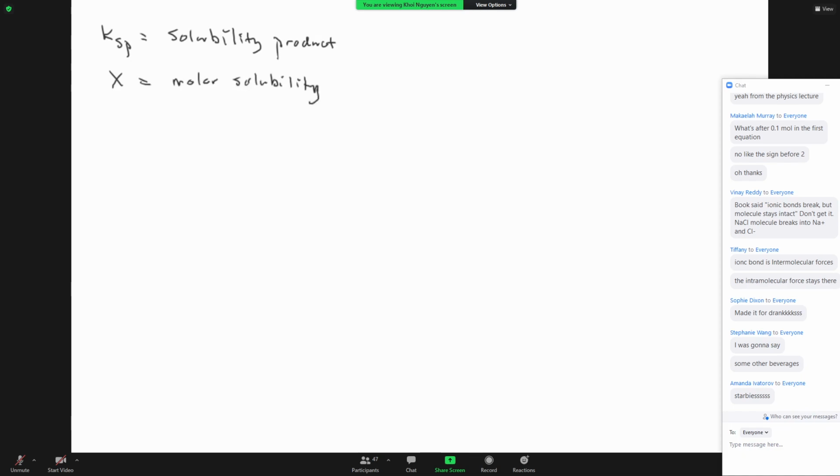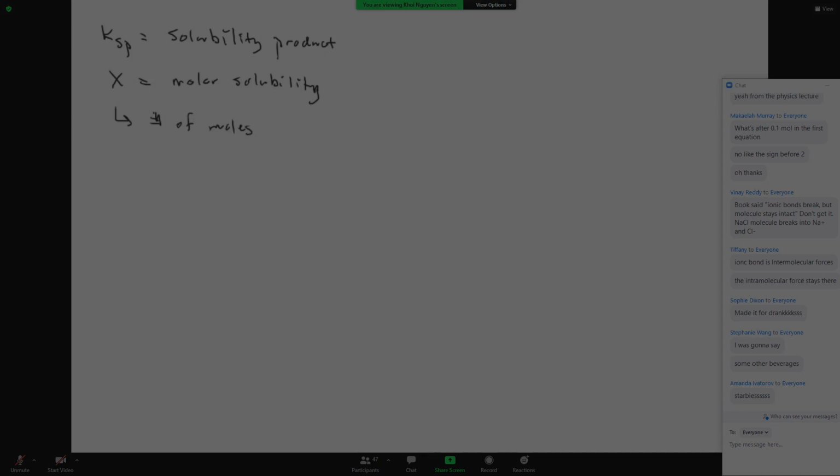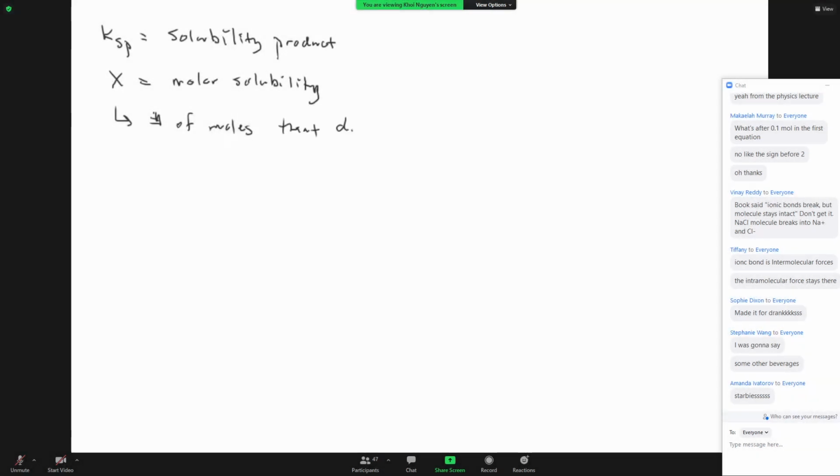So how do we determine it? Well, we have to take a look at how many molecules that we're going to break down into. So X here is just simply the number of moles that dissolve until saturation.